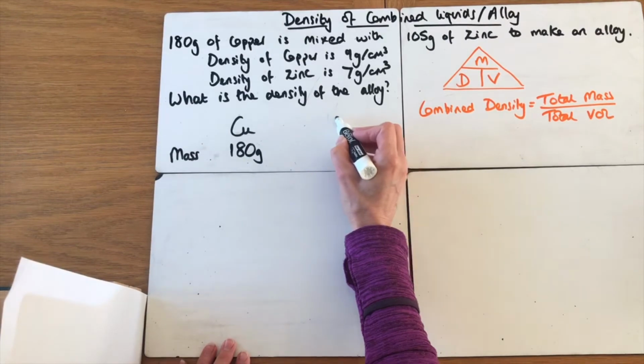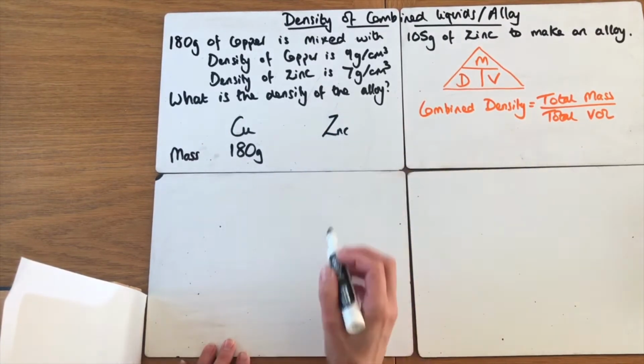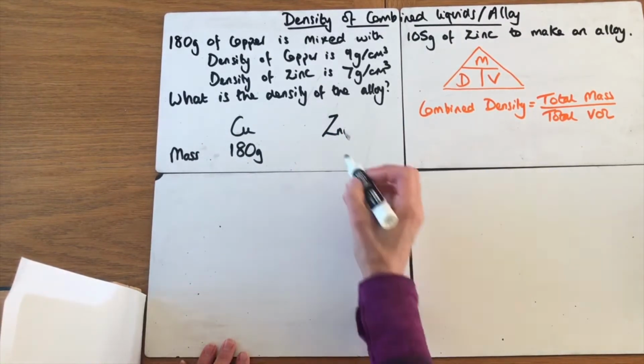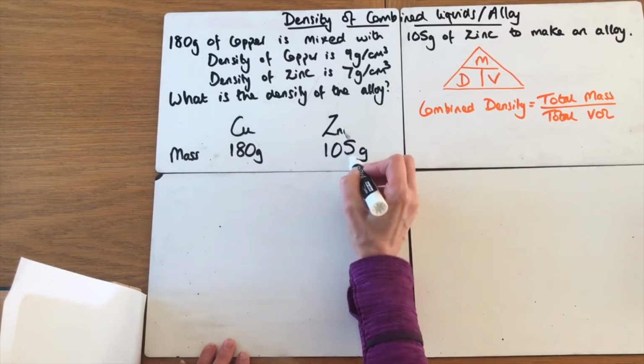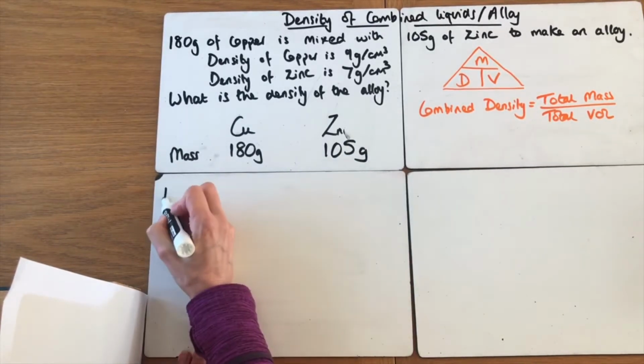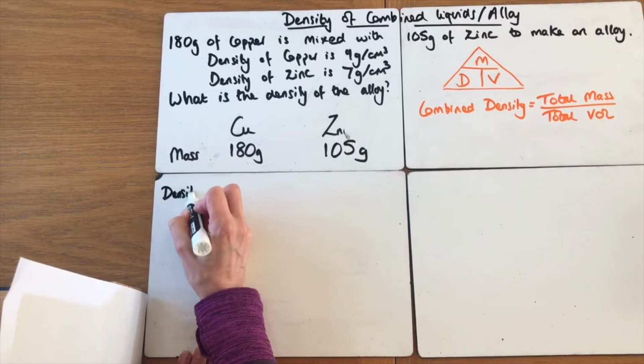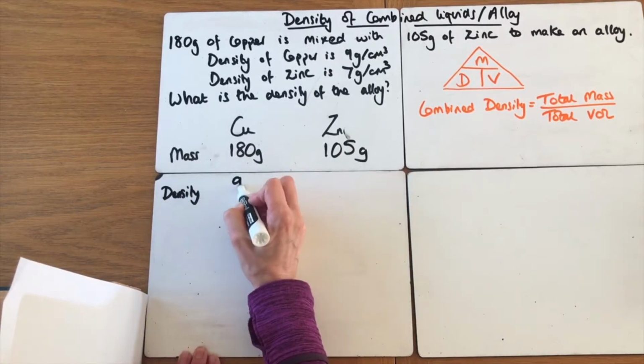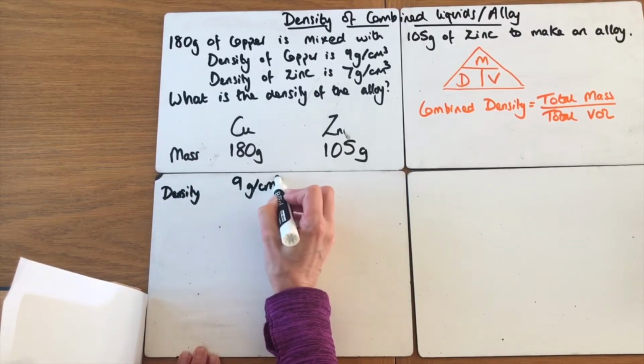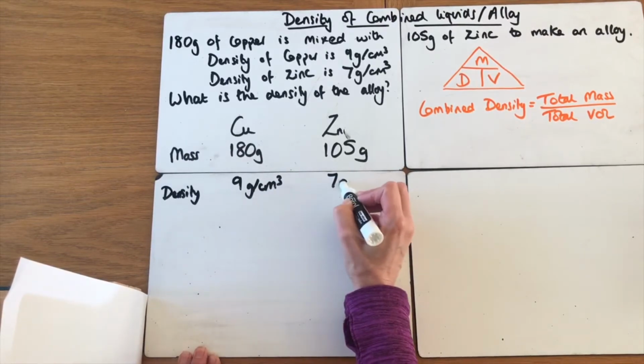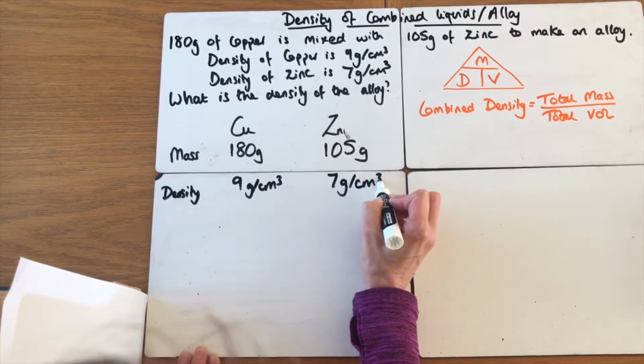And then for the zinc, we are told that we have 105 grams. We're then given the density, so let's write that in the next row of the table. So copper is 9 grams per centimetre cubed and zinc is 7 grams per centimetre cubed.